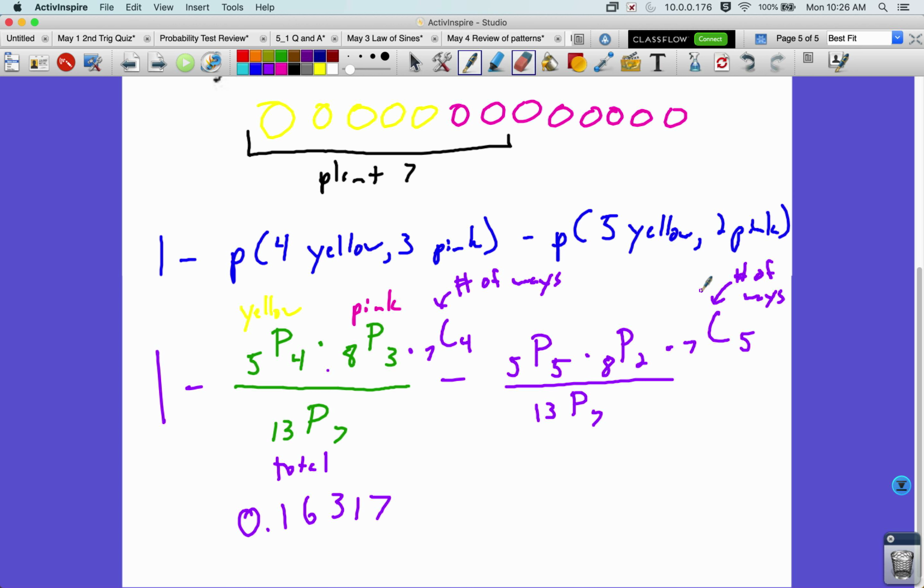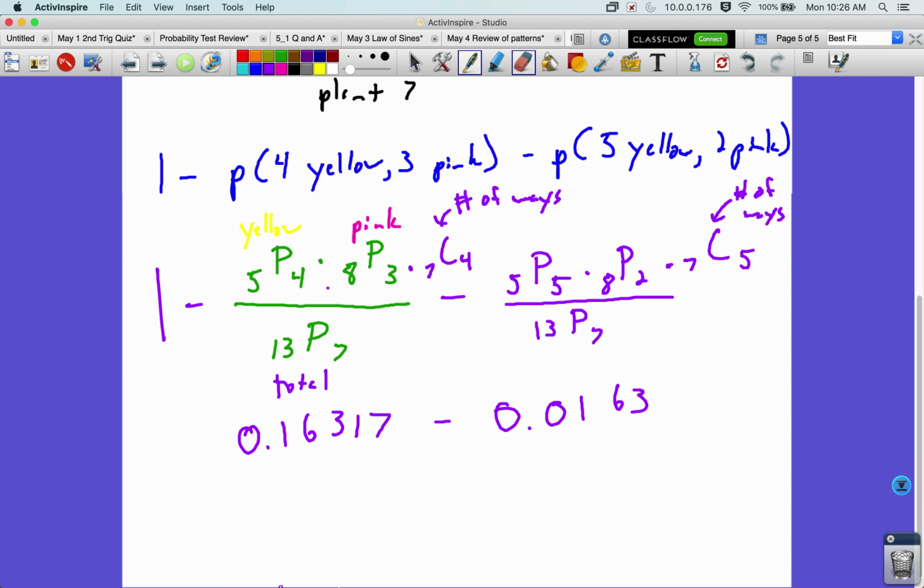Times 8 pick 2 times 7 choose 5 divided by 13 pick 7. And this one is a very small number, but it makes sense that these extreme cases are very small numbers because it's very rare to just plant all 5 of the yellows. Normally one of them gets left out. So 0.0163, and then we'll complete the subtraction there.